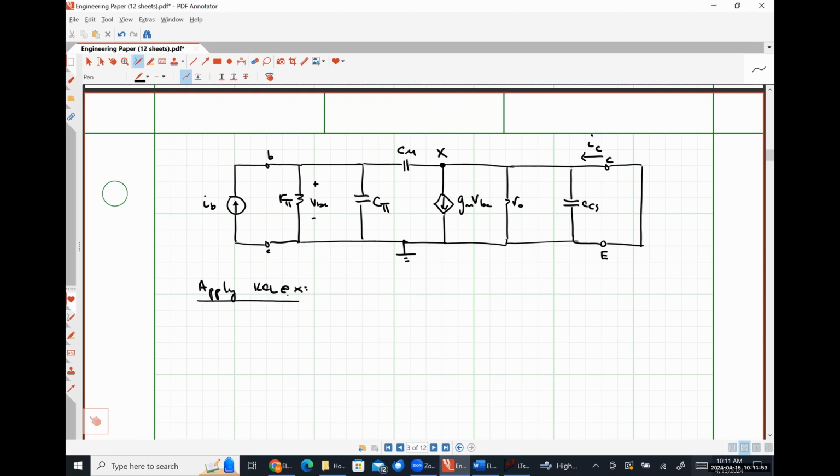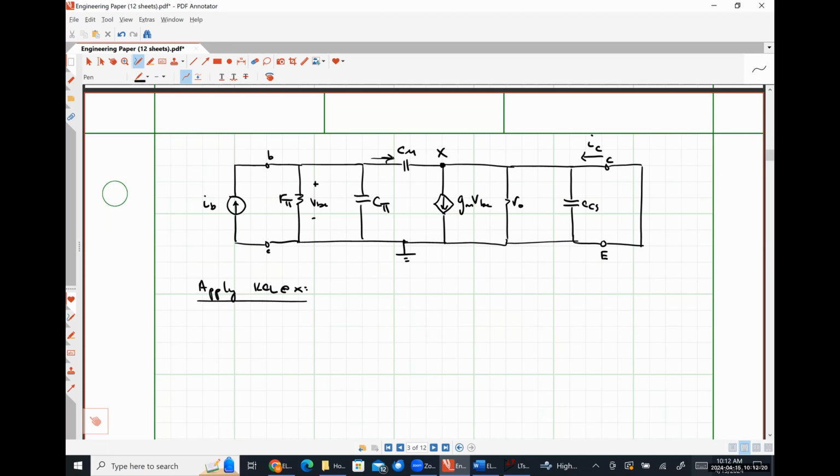So we're applying KCL at X, right? I have some current flowing in through that capacitor. I have a current of IC flowing in.